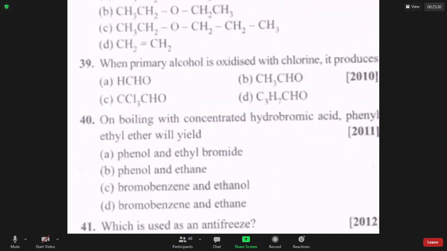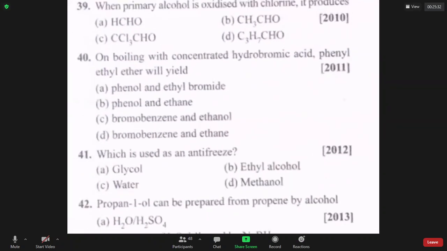On boiling with concentrated hydrobromic acid, phenyl ethyl ether will give what, sir? Can you guess? Instead of HI, you are using HBr. What are the products, sir? Hello. Sir, whenever you are reacting with HX, any phenyl alkyl ether, the phenyl part will keep the O and it will become phenol.